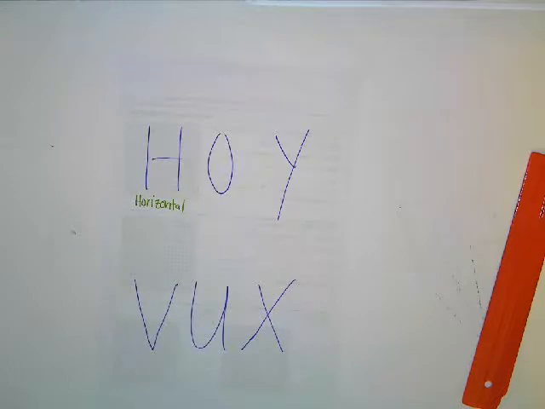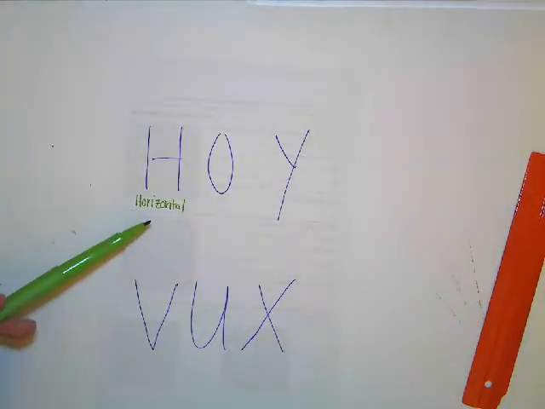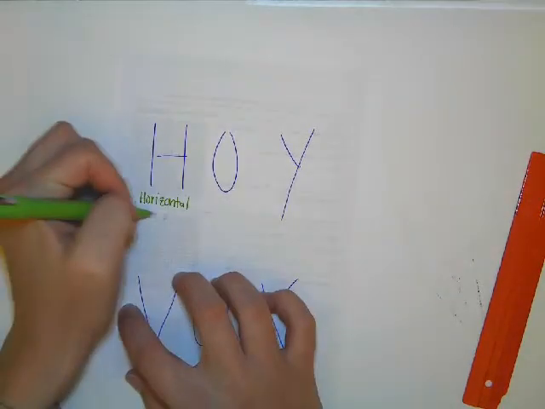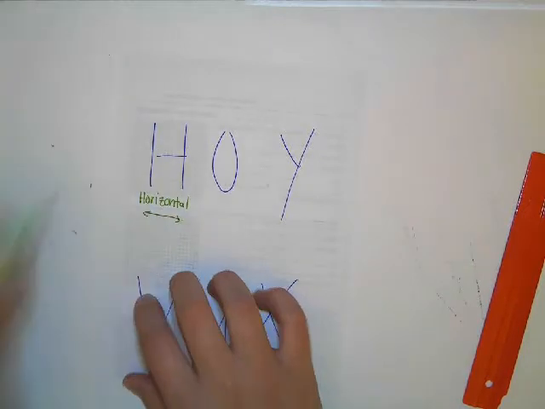Simba is off looking at the what? Horizon. And when he looks at the horizon, he's looking left to right. Horizon sounds like horizontal. So horizontal goes left to right, like the horizon.